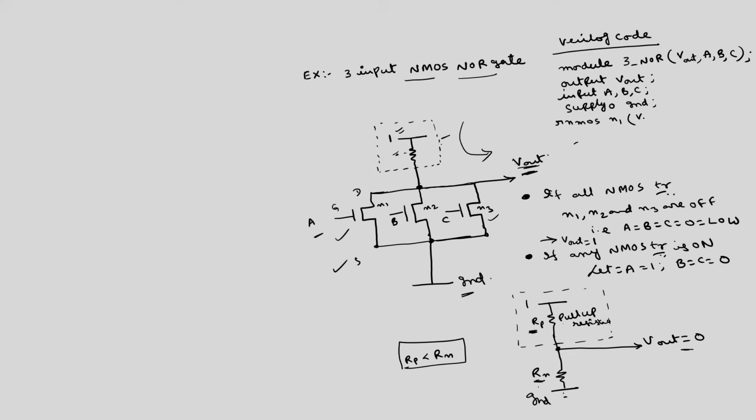Output is V out, data is ground, control is A. Similarly, R NMOS N2, V out, ground, and B. Similarly, R NMOS N3, V out, ground, and C.